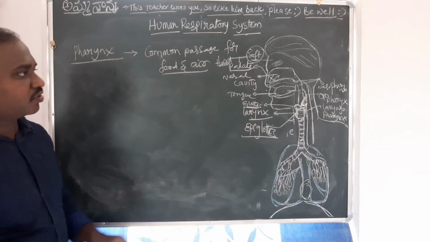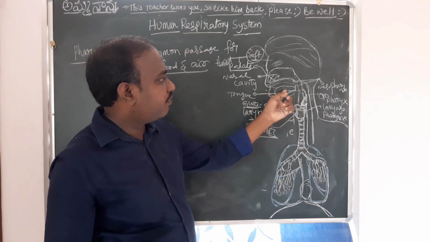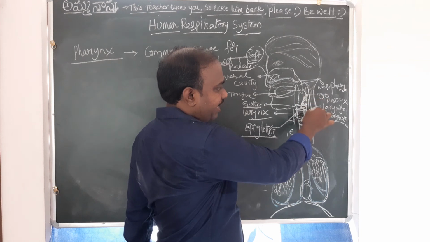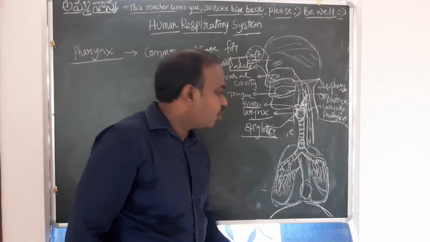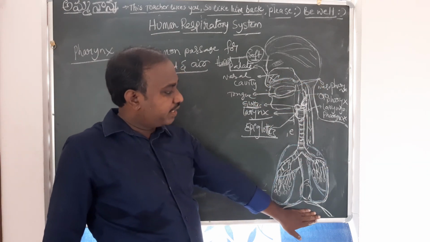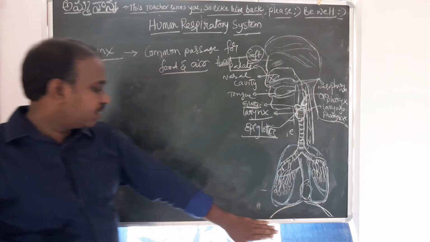What this epiglottis does is, when the food is being swallowed, you can see that here, in the oral cavity, the food has been taken. When you swallow the food, it is coming down here like this, and then it goes to the abdominal cavity where the food is being taken.